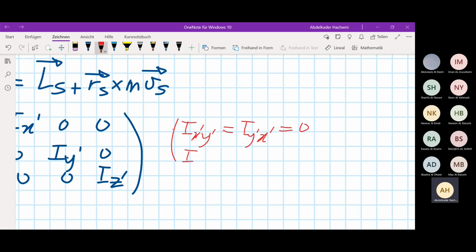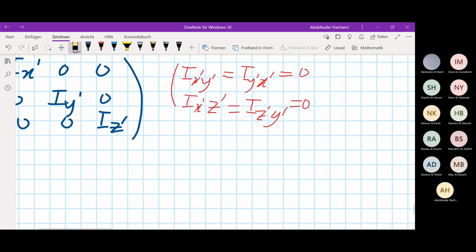I x prime z prime will be equal to I z prime x prime and will also be equal to 0.